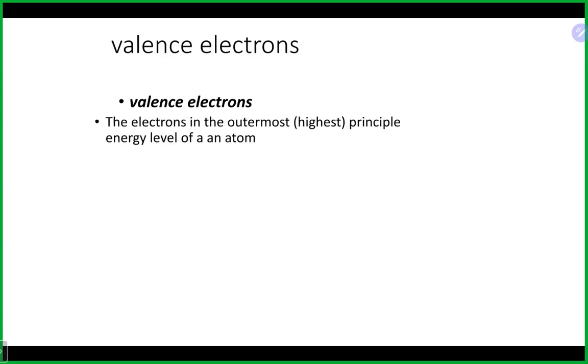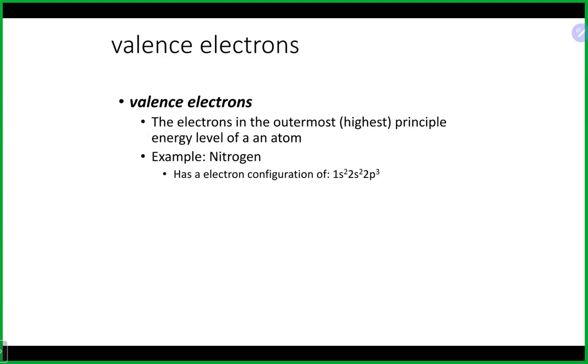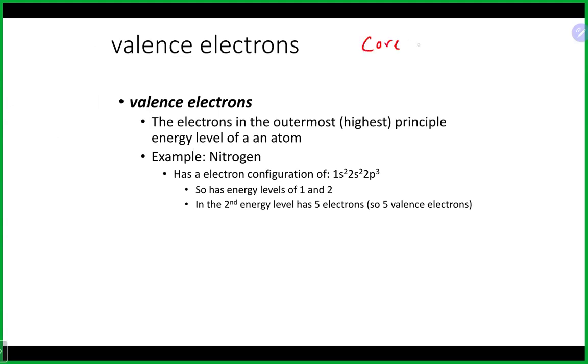The first thing we're going to talk about are what are known as valence electrons. There are two types of electrons that you find in an atom: core electrons and valence electrons.